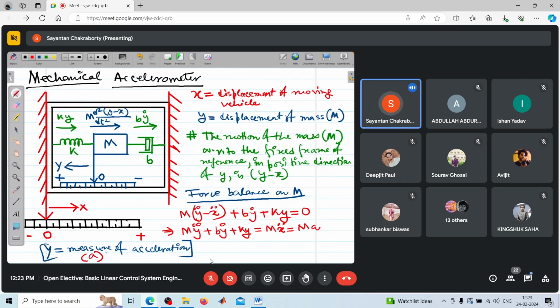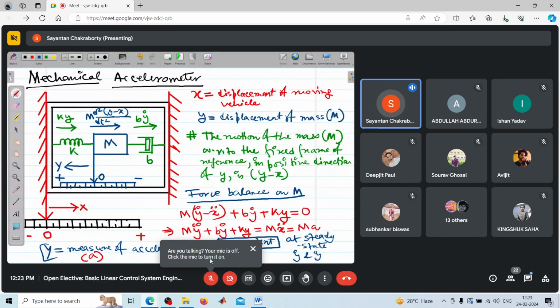Now if acceleration is constant, then an equilibrium point, or a steady state, will be reached where y dot and y double dot will both be equal to 0.